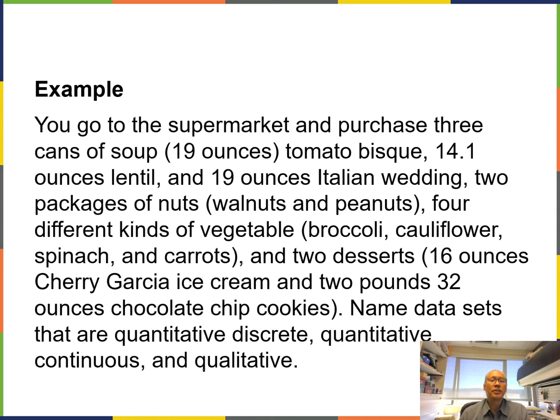And then 2 packages of nuts, walnuts and peanuts, 4 kinds of vegetables, broccoli, cauliflower, spinach, and carrots, and 2 desserts, a 16-ounce Cherry Garcia ice cream and a 2 pounds 32-ounce chocolate chip cookies. So let's try to identify which of these are quantitative discrete, or quantitative continuous, or qualitative data.